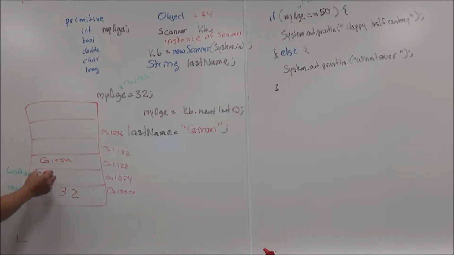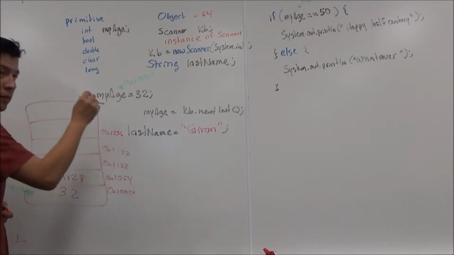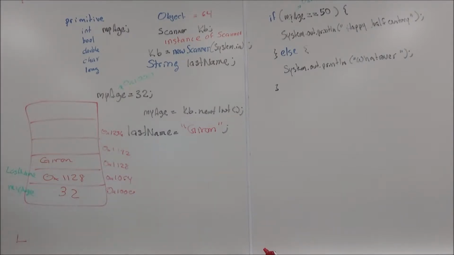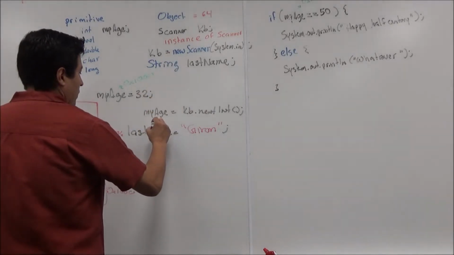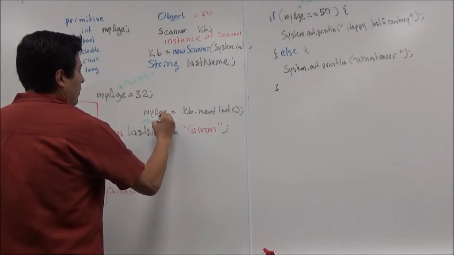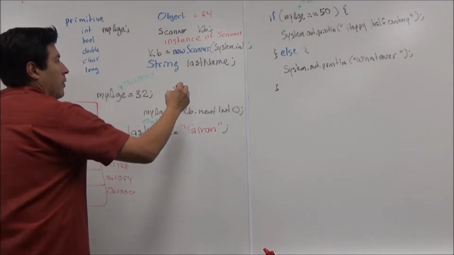And here the content of the variable called last name is just whatever it's pointing to, wherever my last name is in memory. So the last name is replaced by 1064, right?